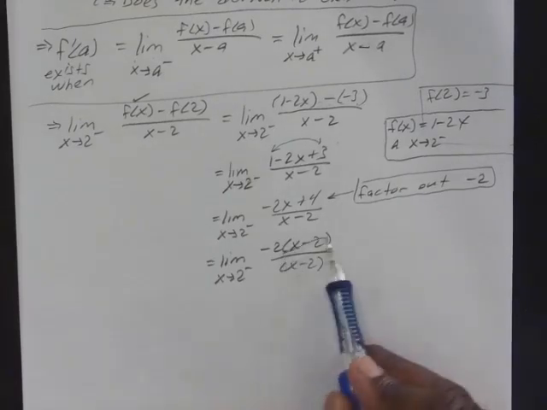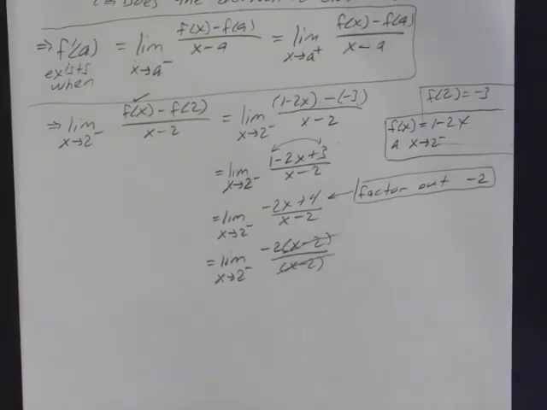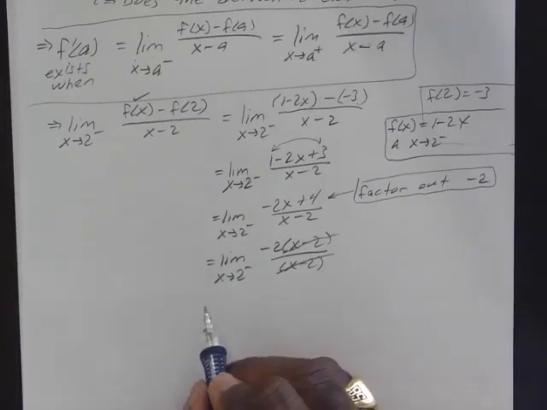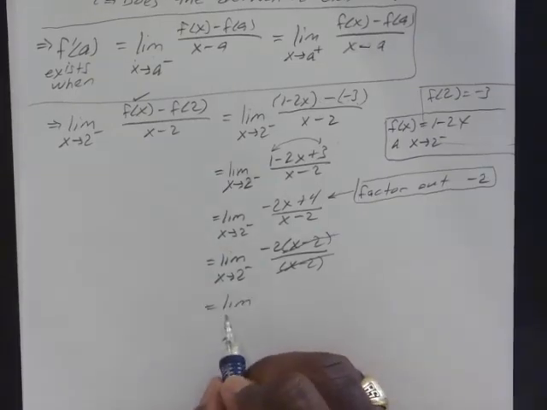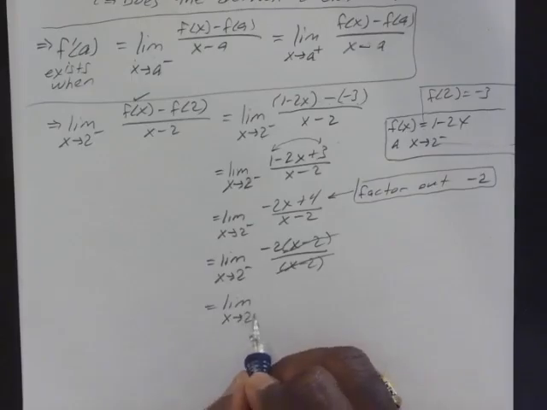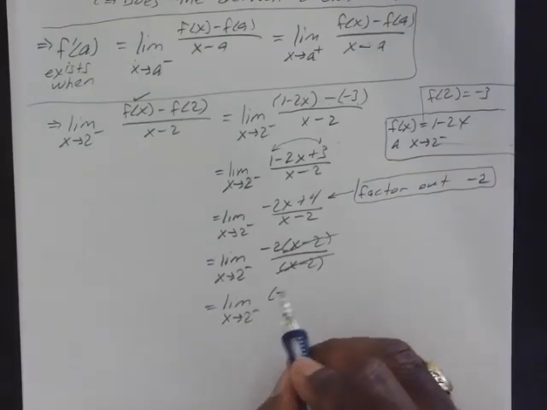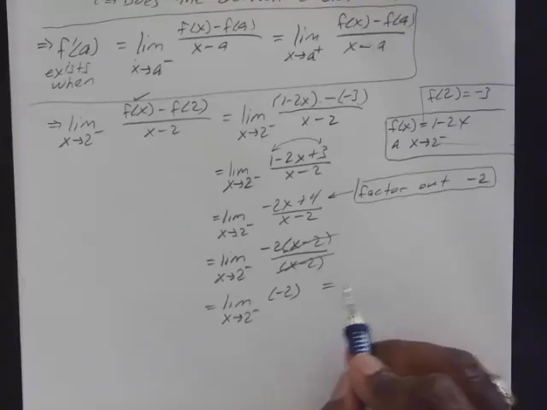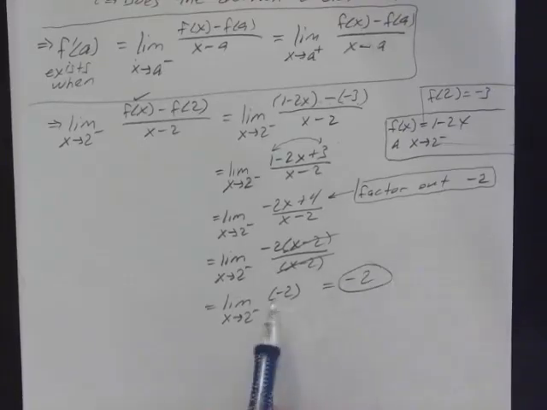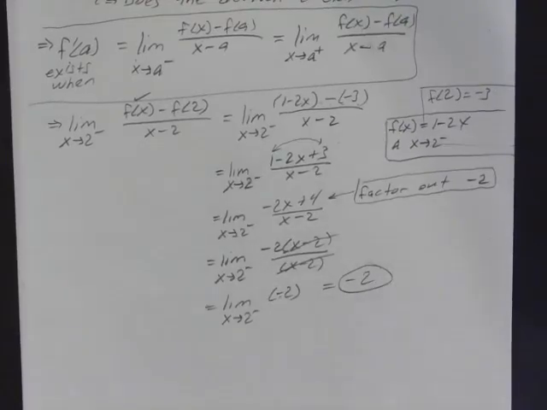Of course, the x minus 2 factors cancel each other out. So we see that the limit as x approaches 2 from the left of negative 2 is just negative 2, since the limit of a constant is just that constant.